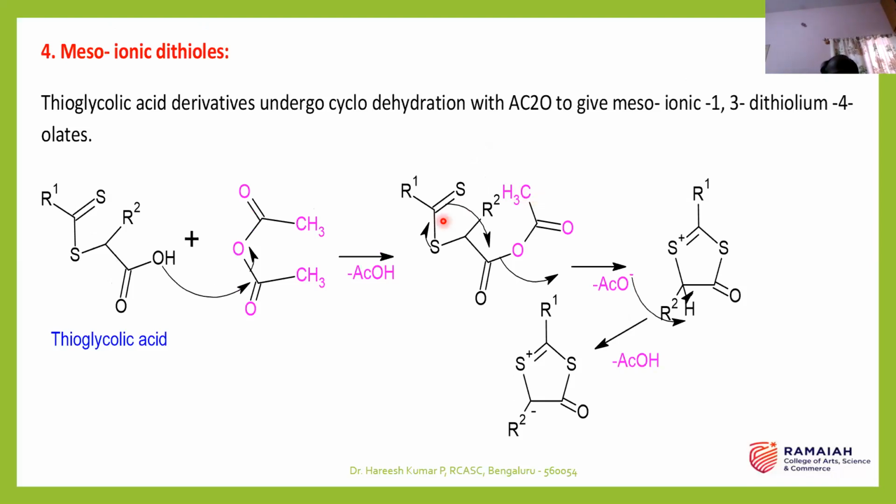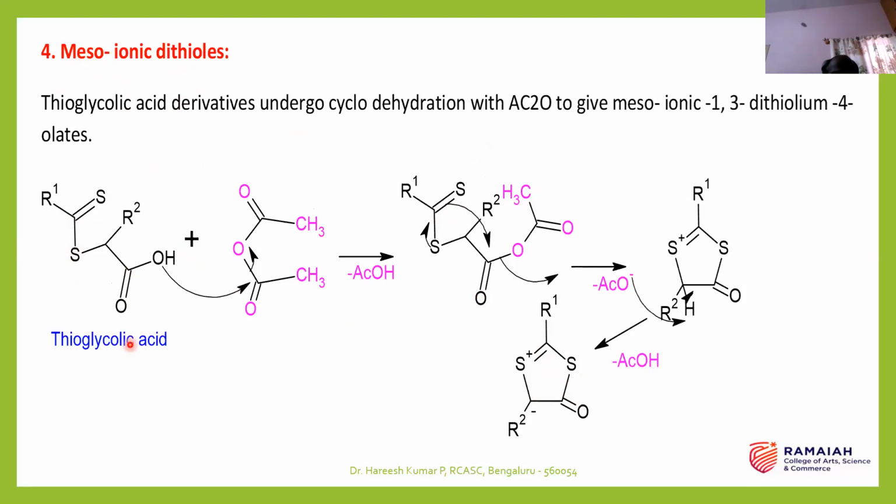So this is method 4, or more particularly dithiol. Okay, 2 sulfur containing a 5-membered ring is called dithiol. So how is this dithiol obtained? By treating with thioglycolic acid.